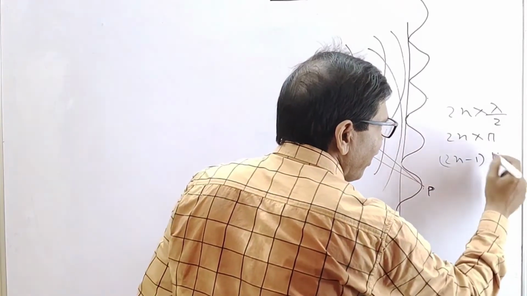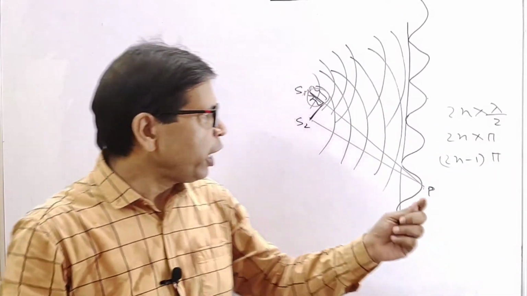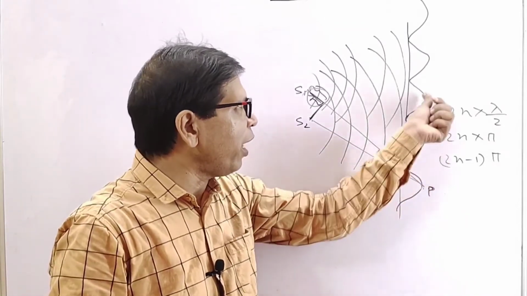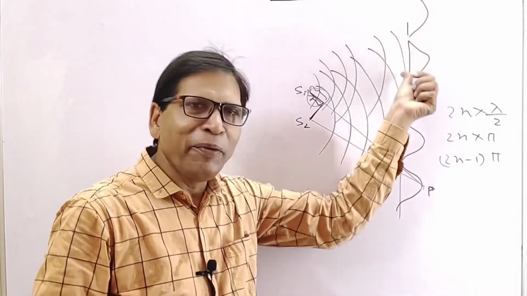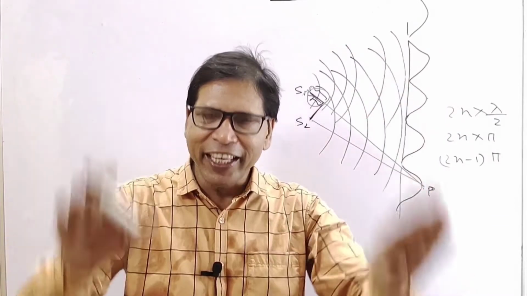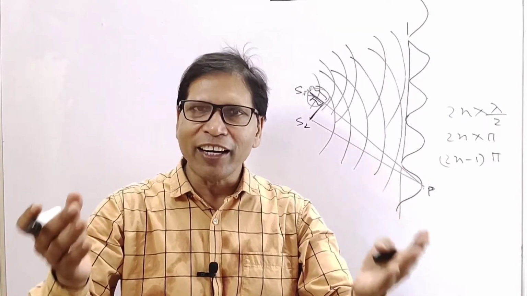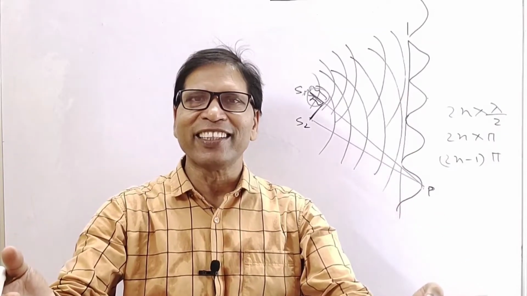Okay, now sustained interference. If the positions of maxima and minima of intensity remain the same all the time, then this is called sustained interference.